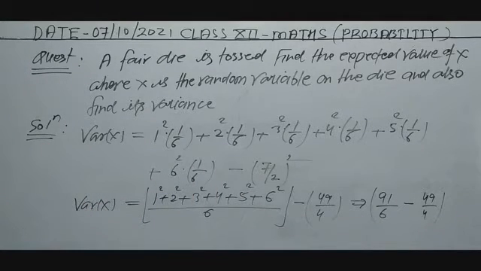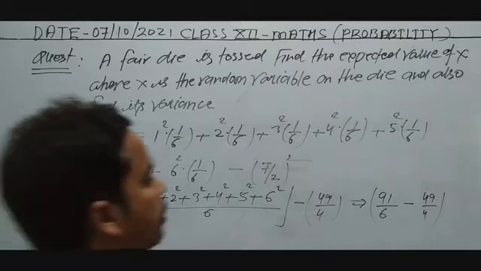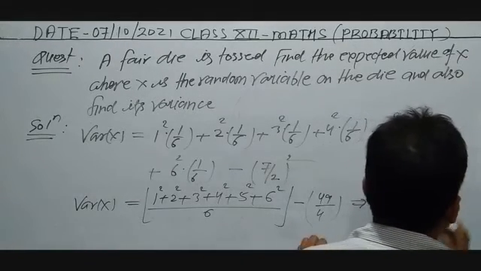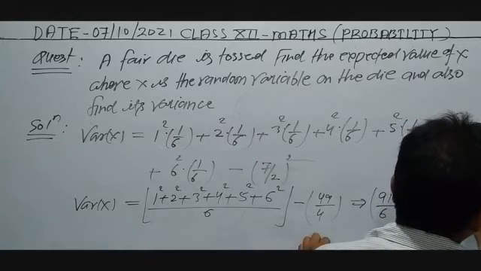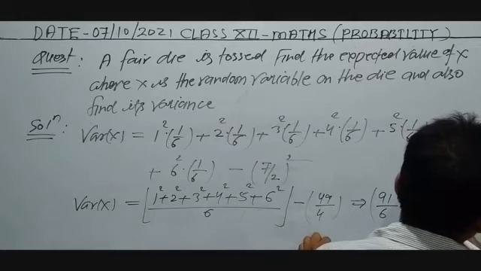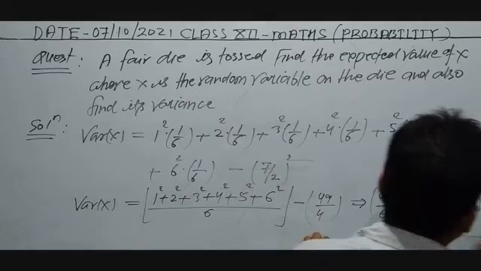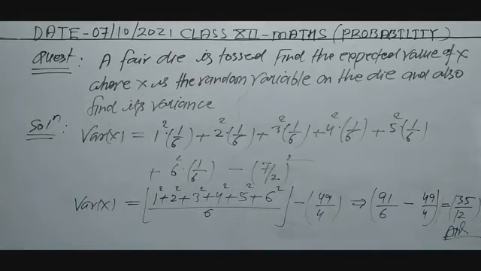This is also 21 by 6. So you can reduce it, and after calculation the result will be 35 by 12. So this is the answer. Now this question is completed.